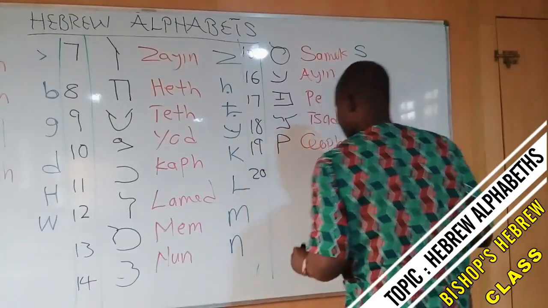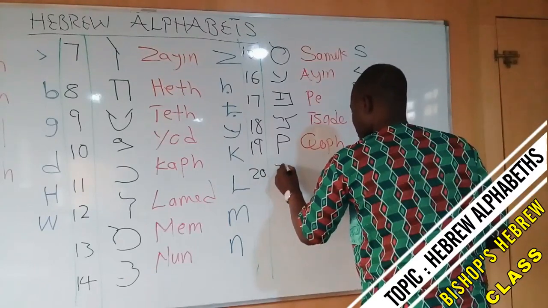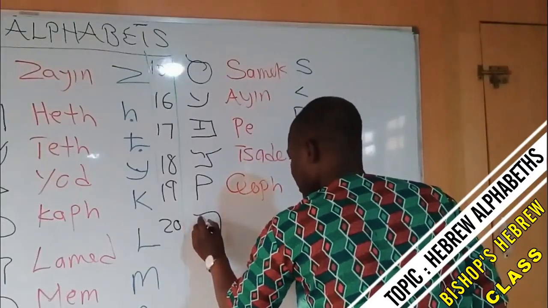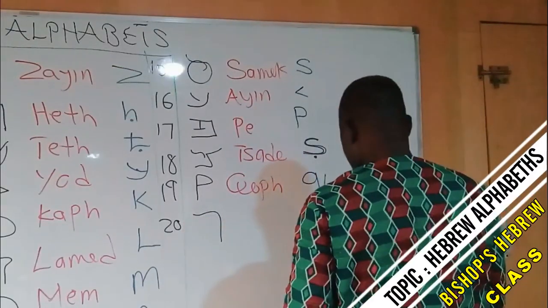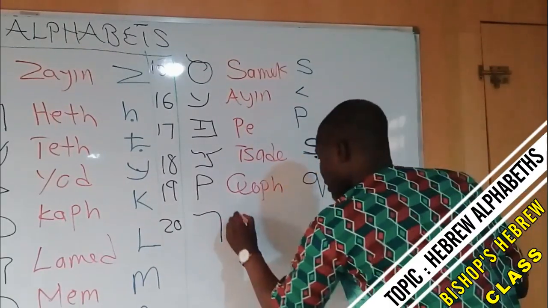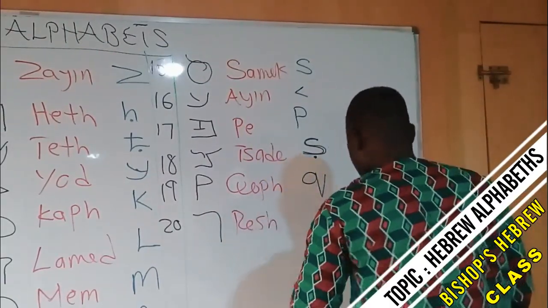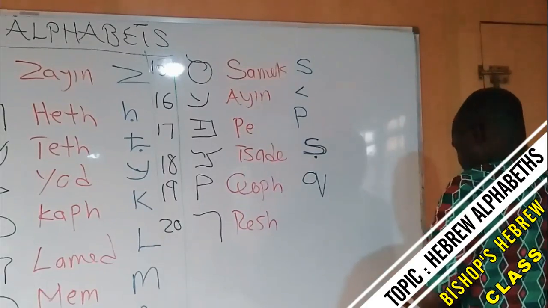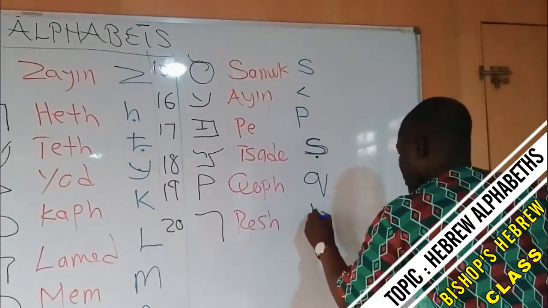Twentieth letter is Resh. In English, it stands for an R.